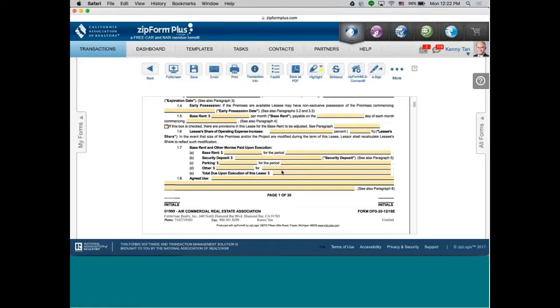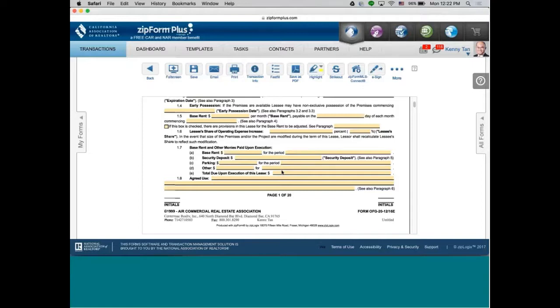It seems to me, according to this form, the first check does not include 1.6, the operating expense. We mentioned previously that for office space, they don't use CAM charge, but they use operating expense.